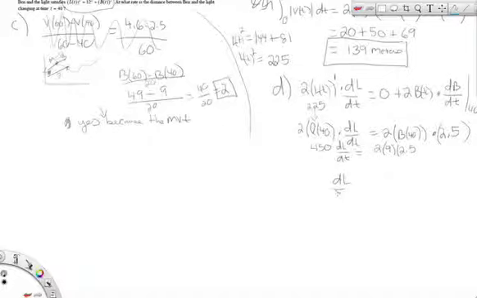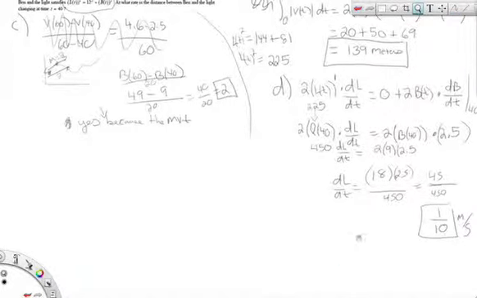So dL/dt is going to equal 18 times 2.5 over 450, which, let's see, 18 times 2 is 36, and another 9 is going to be 45. So I get 45 over 450, which is going to be 1/10. What's the rate of change of the distance? Meters per second, I believe, is the units of our problem.